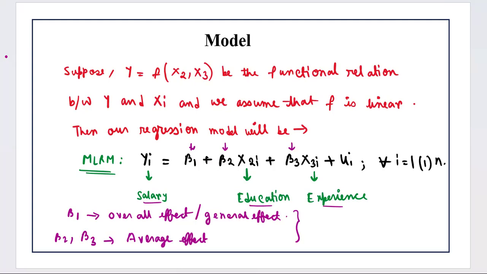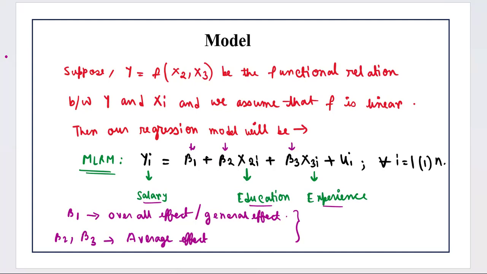If this is the kind of model that we are talking about, what will be the estimated values of beta 1 cap, beta 2 cap, and beta 3 cap? That is what we are always looking for. When we introduced the two variable model, we had two parameters, beta 1 and beta 2, and the first step was to estimate those two parameters. That is what we will do in this scenario as well.